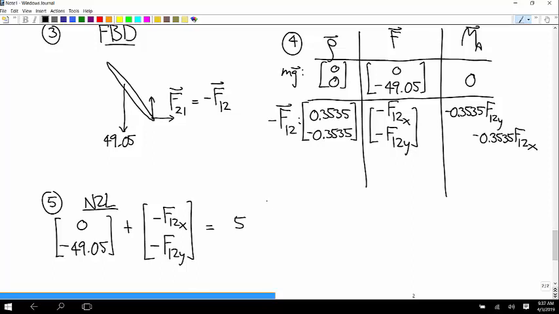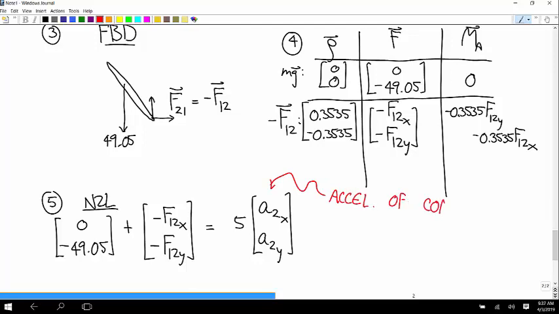And we don't know anything about that. So these are new variables. I'll call it A2, X and Y. So remember, this is the acceleration of the center of mass of body 2.